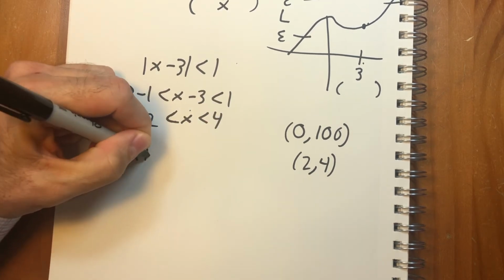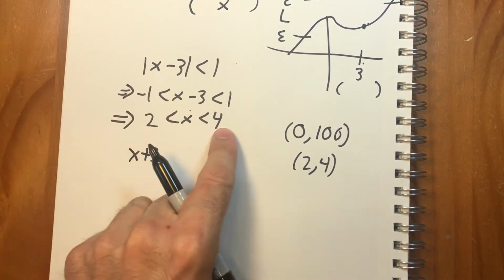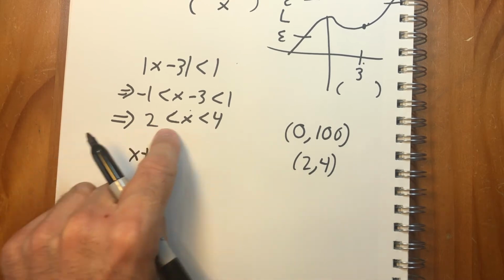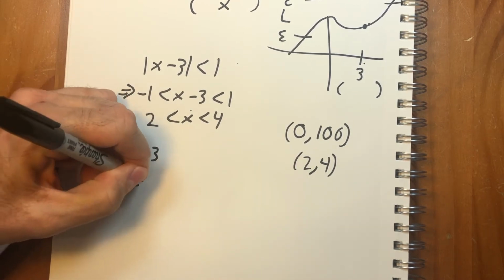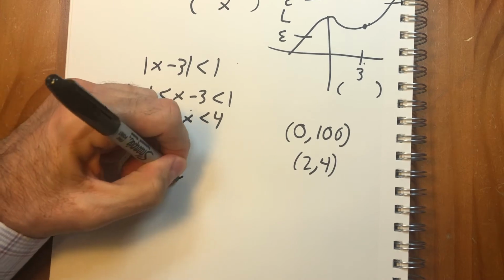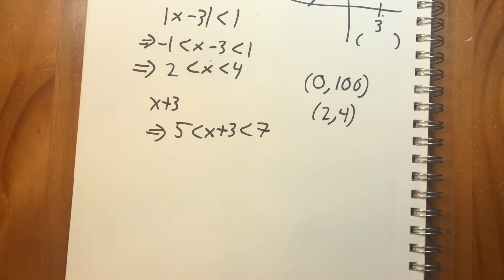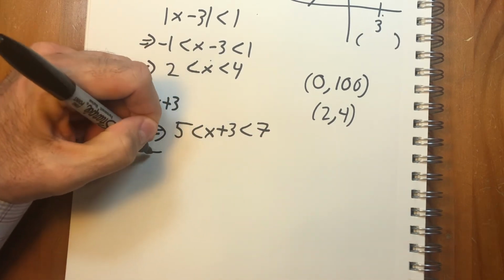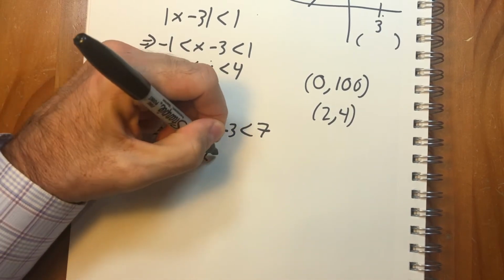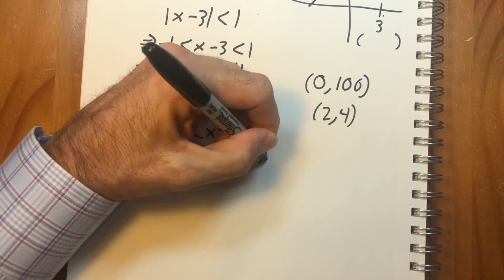But what about the x plus 3? Well, now using this, if we just add 3 all the way through, then we have that 5 is less than x plus 3 is less than 7. And that means we can rewrite this to say that x plus 3 is less than 7.